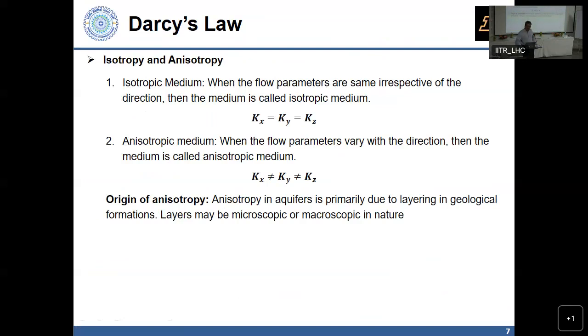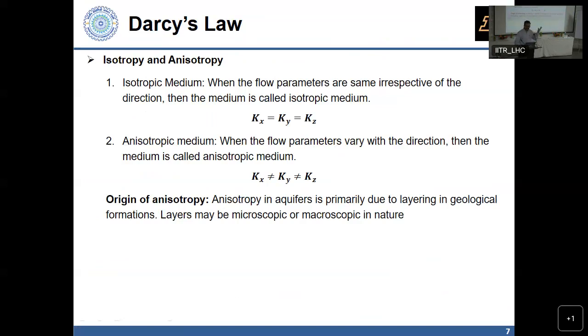What creates isotropy or anisotropy? Fundamentally, it depends on how aquifers were formed, how the layering occurred. Most aquifers essentially were built up in layers. So the fact that you already have layers means that you will have anisotropy. That is the fundamental origin of anisotropy, but anisotropy comes from other considerations as well.